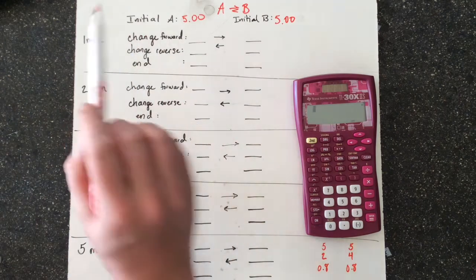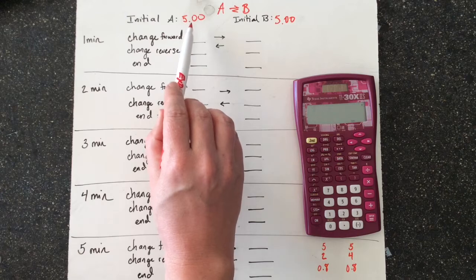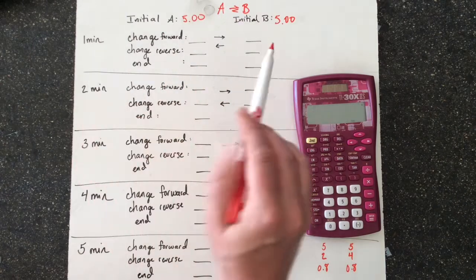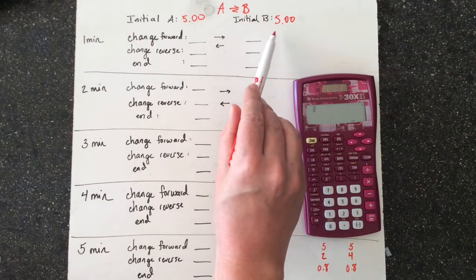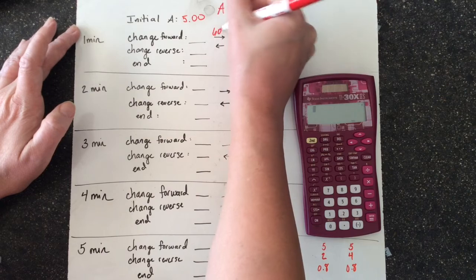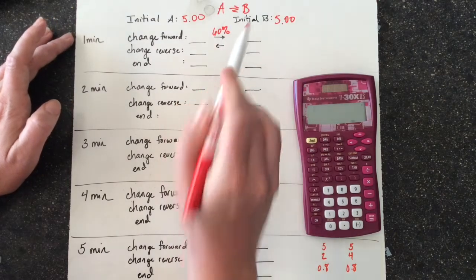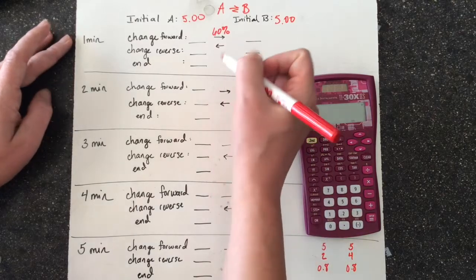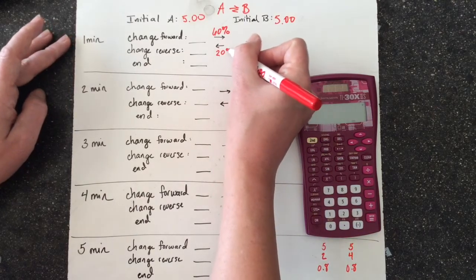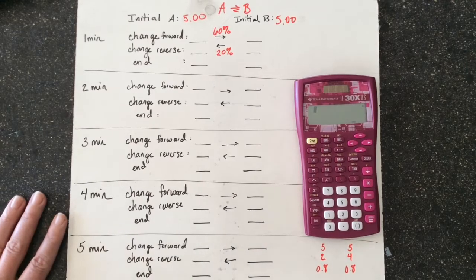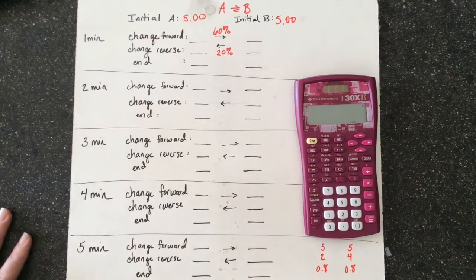During our first minute, 60% of the original amount of A is going to become B. And during this minute at the same time, 20% of the initial amount of B is going to become A. So I'm going to write above the arrows here, 60% this direction to the right, to the products, and 20% of the product B becoming the reactant A.